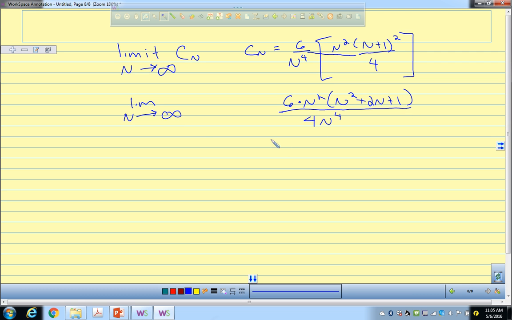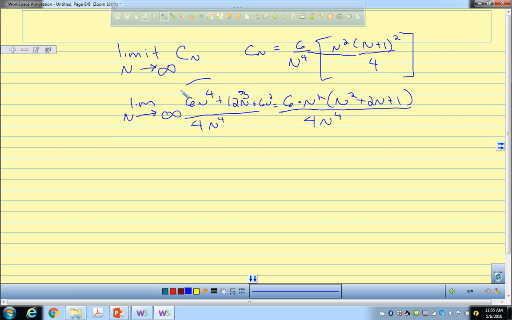If I kept multiplying that out, this becomes 6n to the 4th plus 12n cubed plus 6n squared over 4n to the 4th.